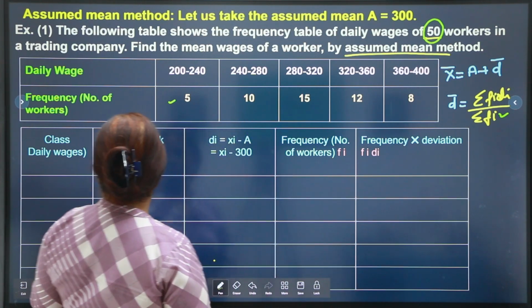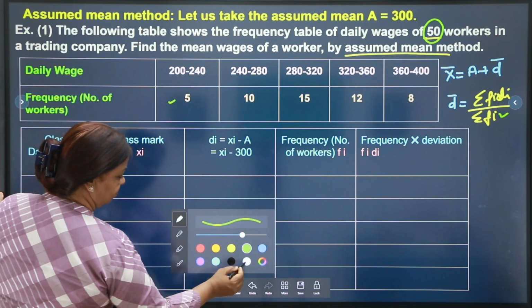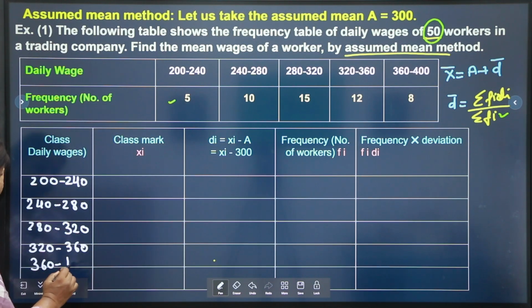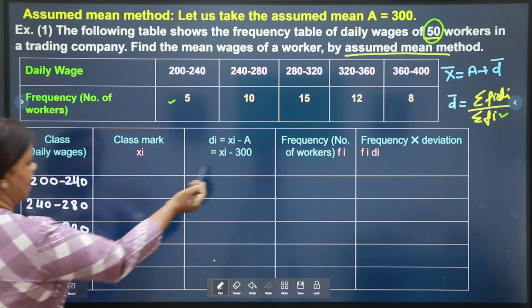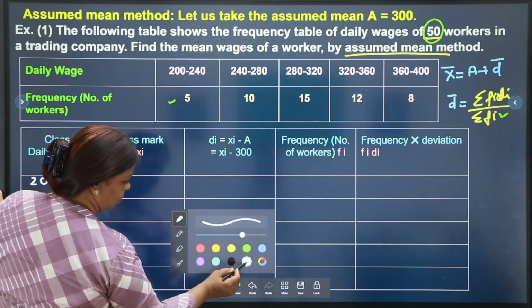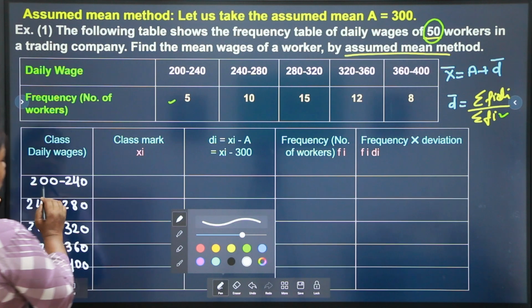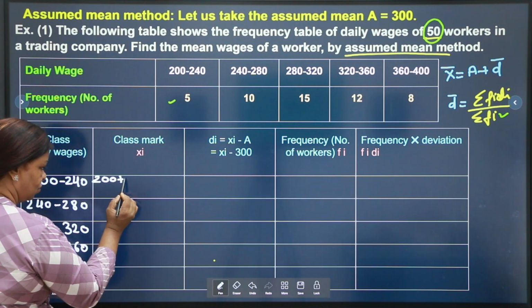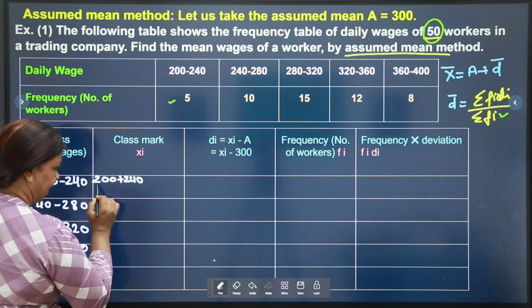So let's start. Class is given 200 to 240, 400. Now before finding Di, we need to find the class mark, and class mark we all know how to find. We have to add 200 plus 240 and divide by 2.